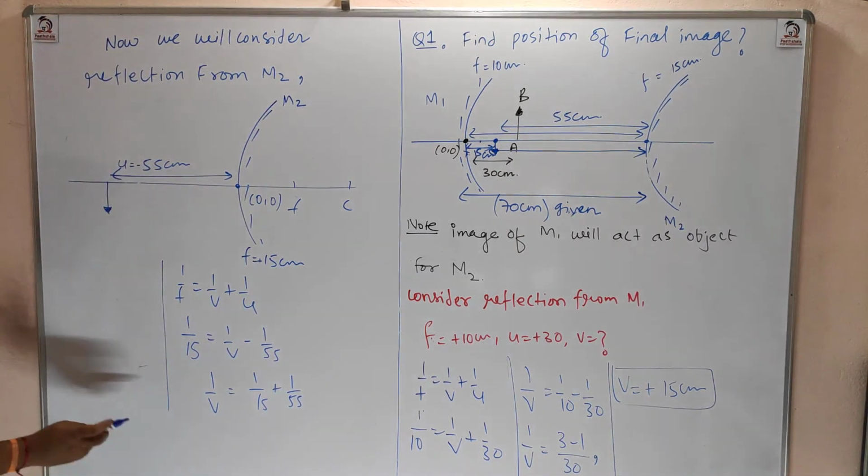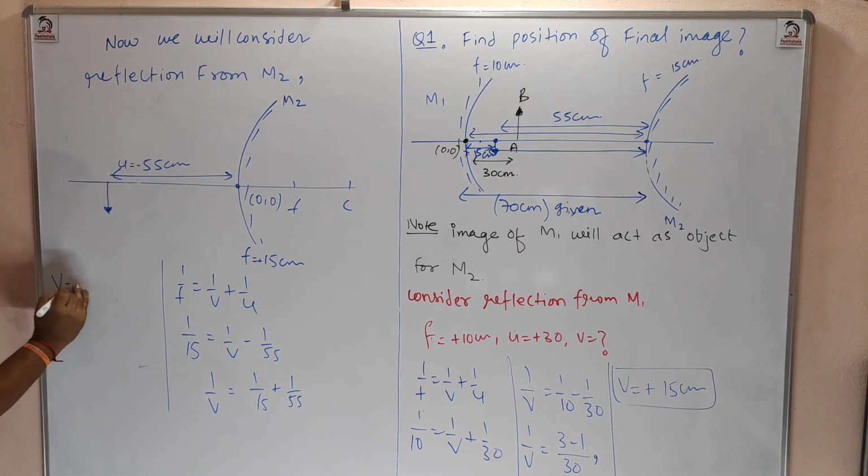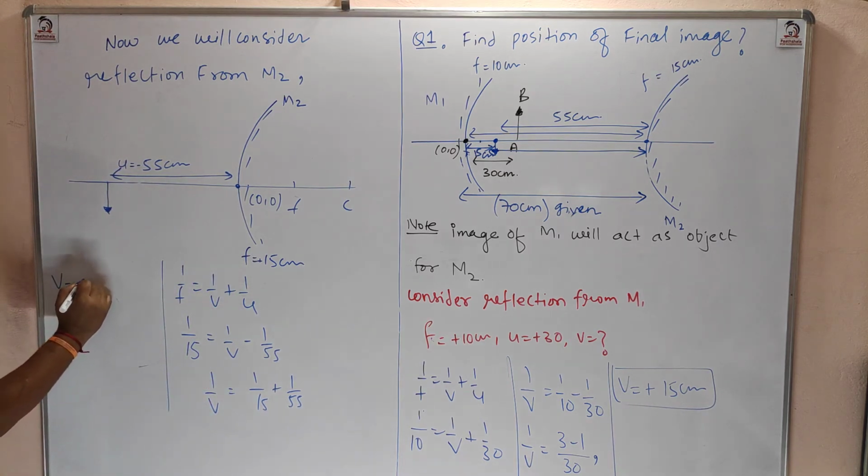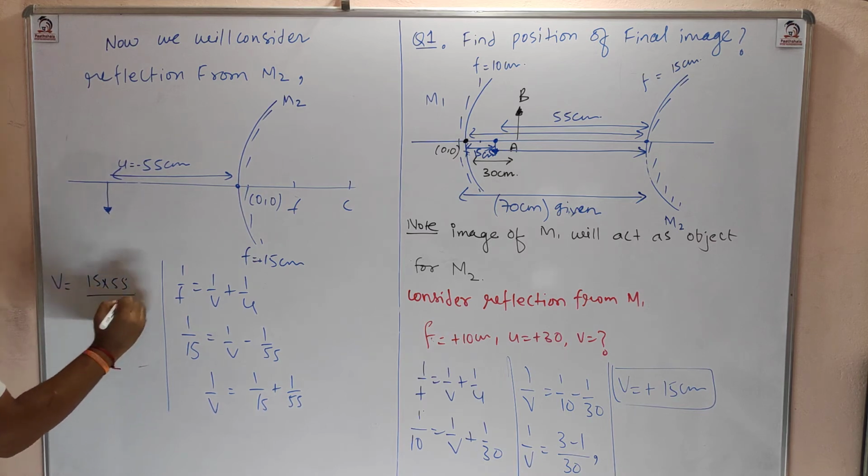So the value of v will be 15 into 55 divided by 15 plus 55.